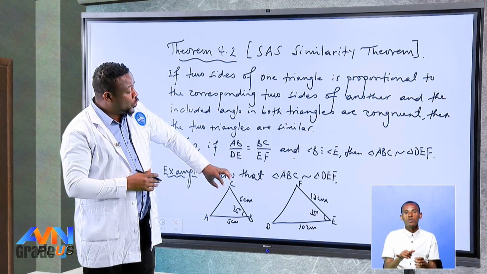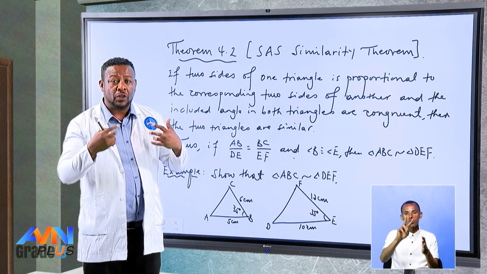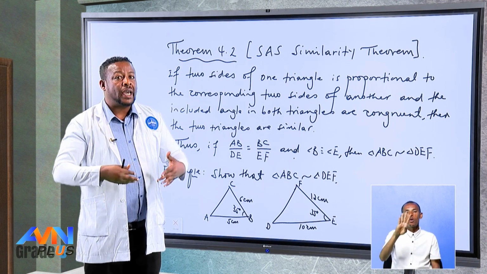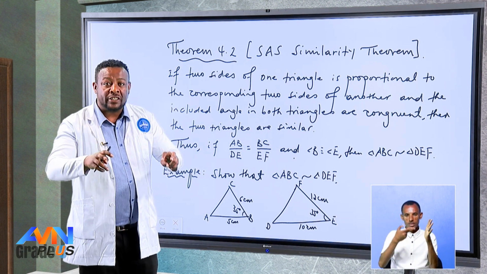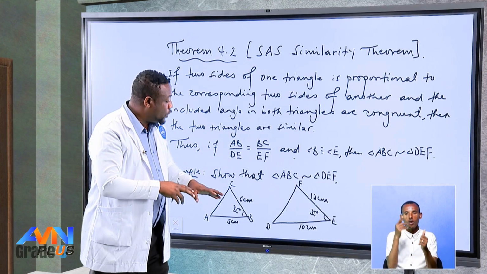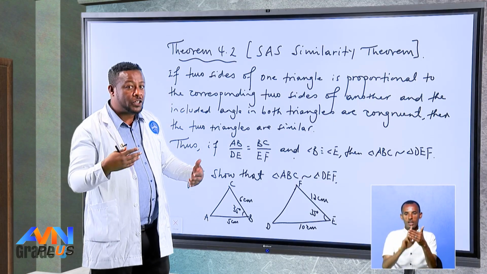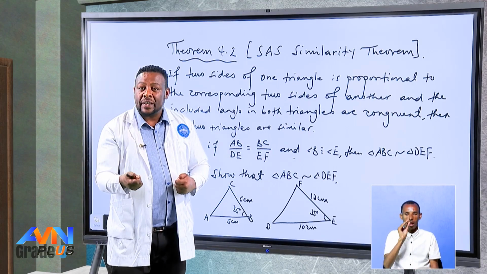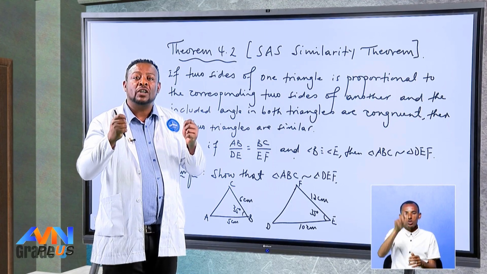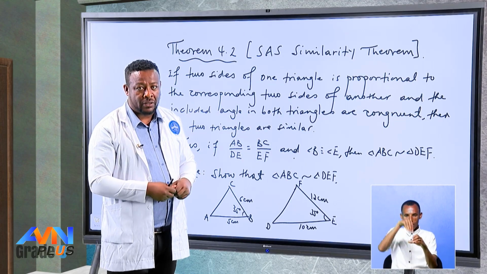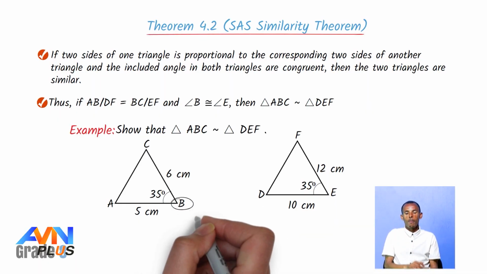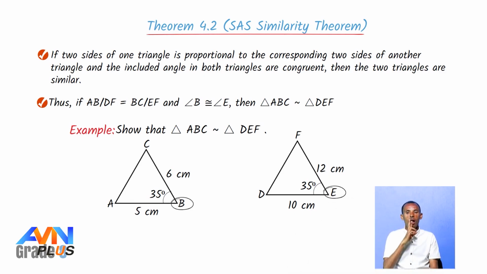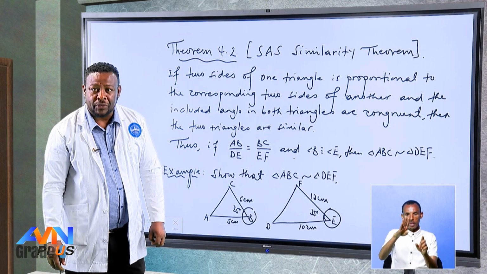So to show these two triangles are similar, we need to remember theorem 4.2, which requires two conditions. One of the conditions is the ratio of the corresponding sides of the two triangles must be the same. The other criterion is there should be one congruent included angle in both triangles, right? So clearly angle B and angle E are the same, right?